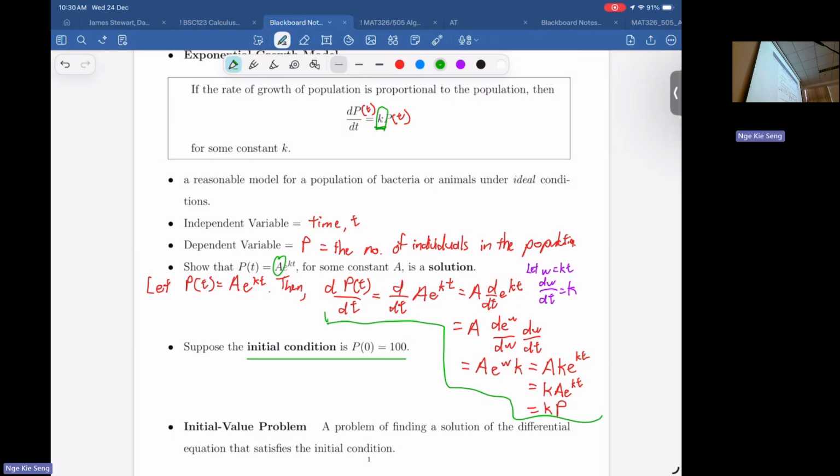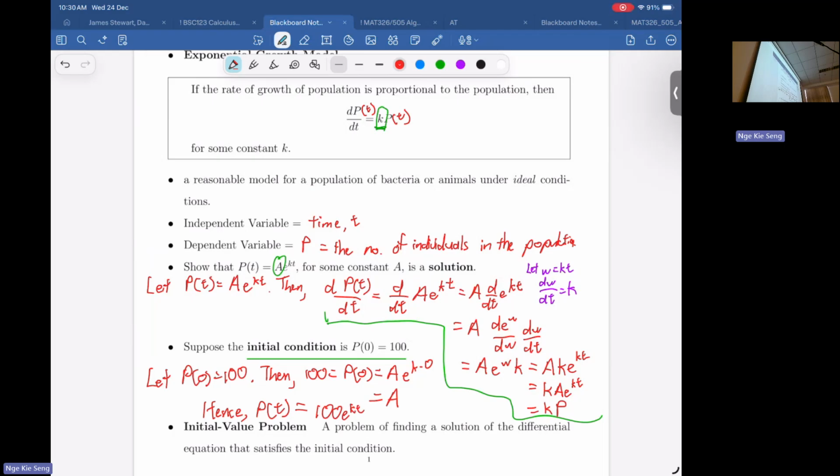For example, let P(0) equal 100. Then 100 equals P(0), which is A times e to the k times 0, which is just A. So A is 100. Hence the solution for this initial condition is 100 times e to the kt.